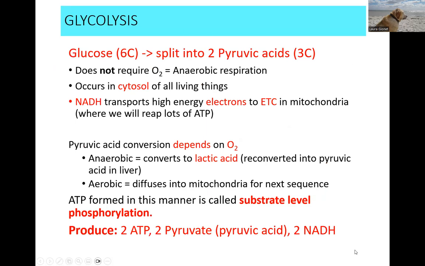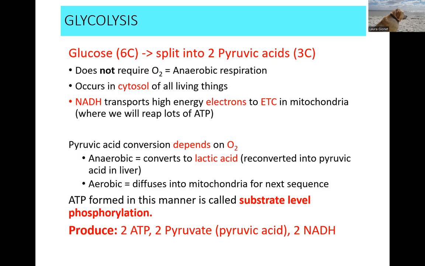Okay, starting off with glycolysis, we're going to take a glucose molecule, which is a 6-carbon chain, and essentially split it into 2 3-carbon chains. It's going to go through a series of complicated reactions to rearrange it and so forth. But ultimately, we start with 1 glucose molecule, a 6-carbon chain. We end with 2 3-carbon chains.